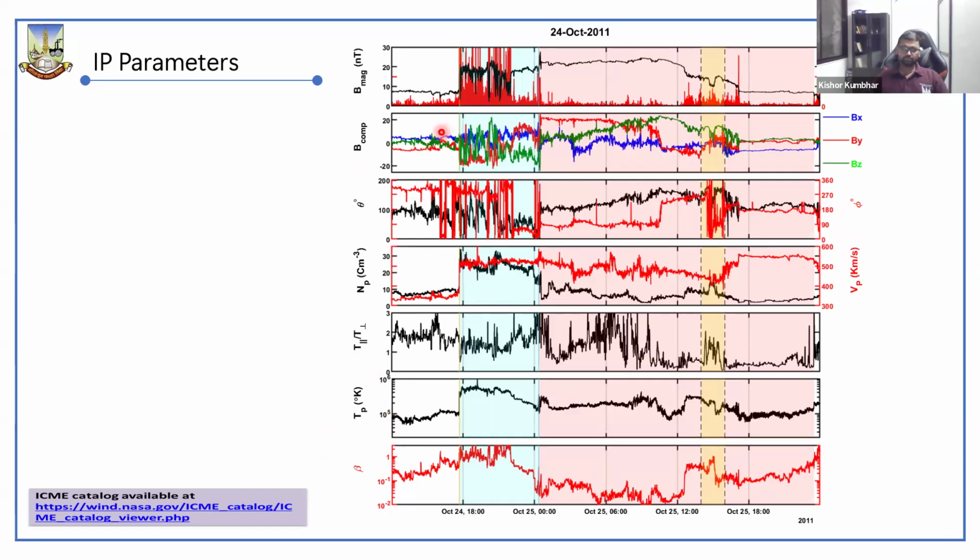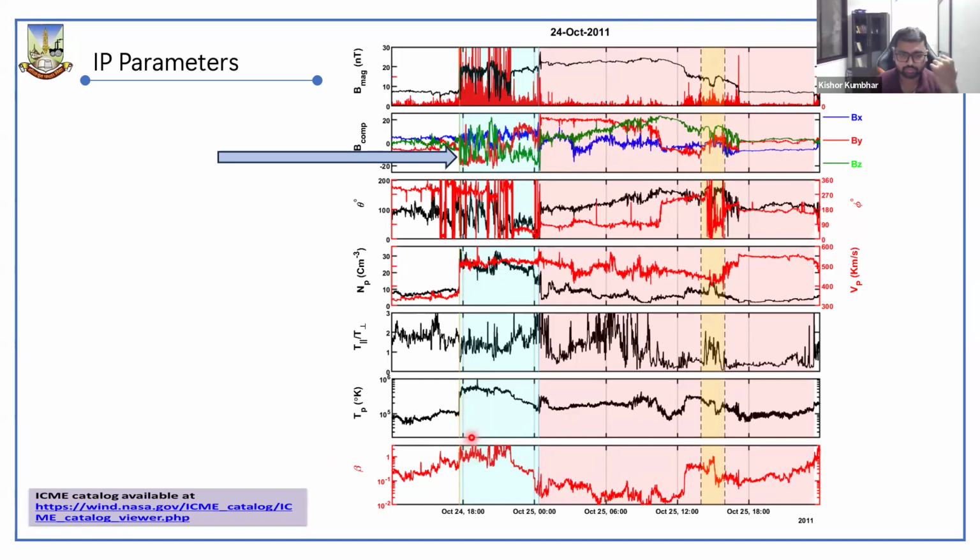In this plot, the cloud boundaries have been identified from the ICME catalog, which is given in this link. So here you can observe this particular region where we can see there is a sudden rise in the interplanetary parameters. That is, we can see a rise in the magnetic field, its components, even in the number density and solar wind velocity, even the rise in temperature as well as plasma beta.